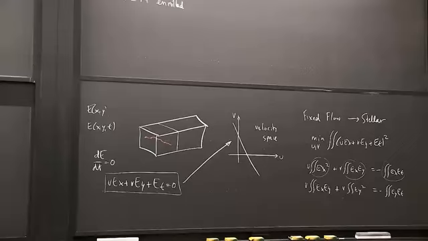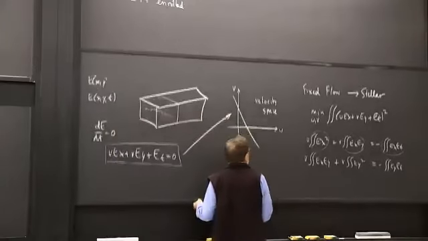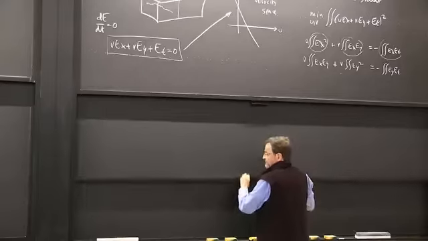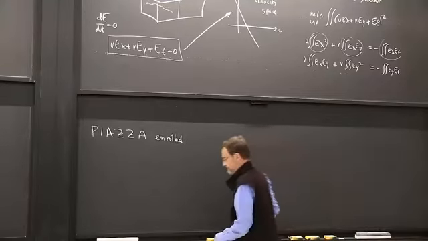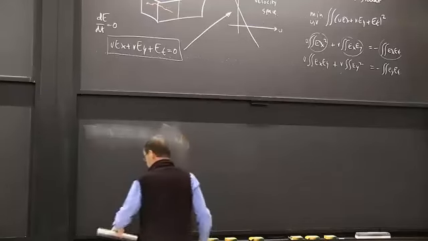Now, as usual, we need to look at when that fails. And so we did that. We said that, well, it depends on the determinant. So the problem is when that coefficient matrix is singular.